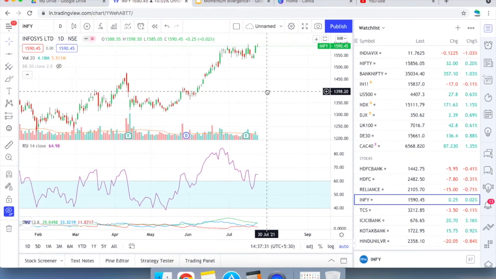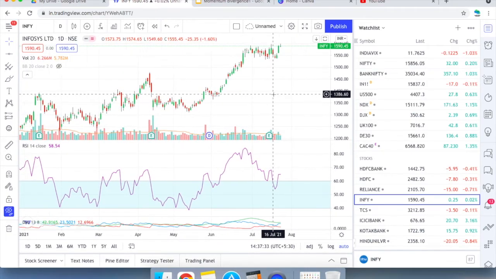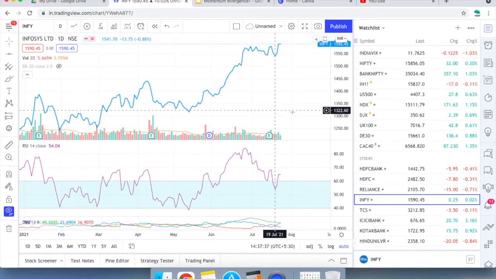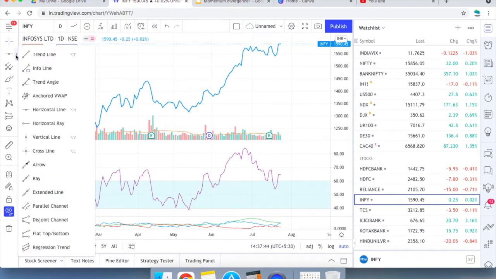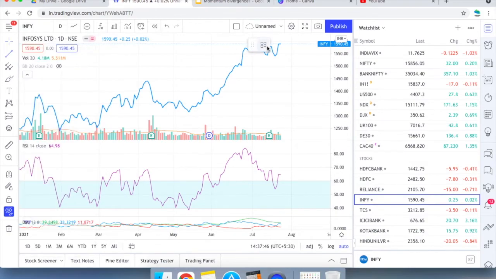So this is a daily candle. I'll once again use Infosys. I can see that the price is moving up and pressing. So right now, if you see, there is a divergence. You would come to know whether it will work or not.